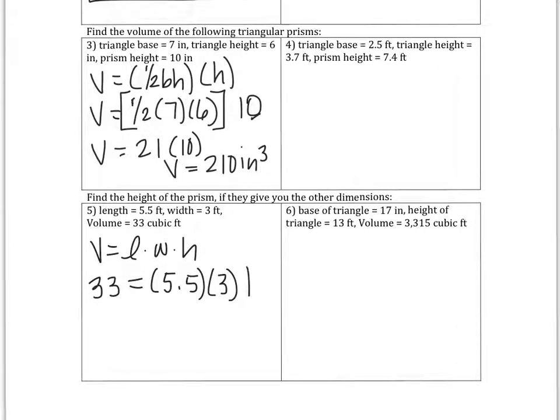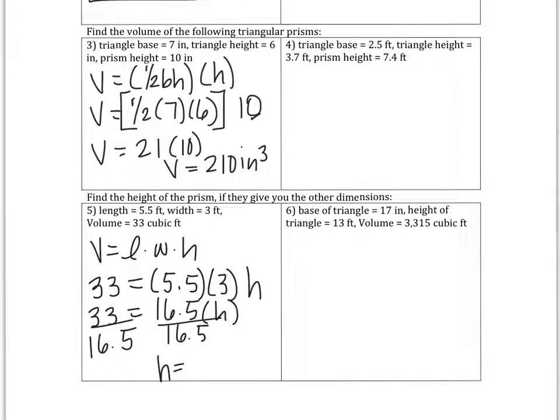What they don't give us is the height, so that's what we're solving for. So we have 33 equals 5.5 times 3 is 16.5. We're going to multiply that by the height. Divide both sides by 16.5 in order to get the height by itself. And we get our answer: the height equals 2 feet.